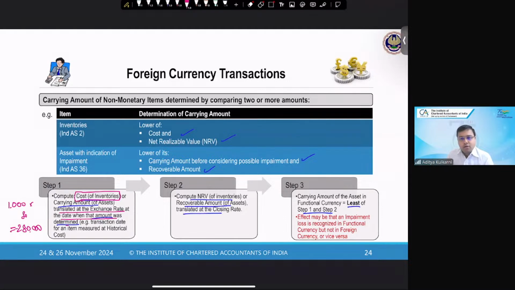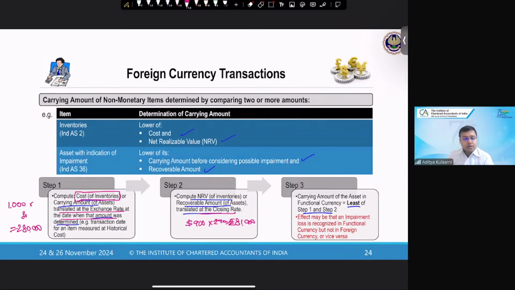Correct? First step. Second step, compute NRV. NRV was how much? 900, translated at the closing rate. What was my closing rate? Rupees 90. So this became 81,000 rupees.